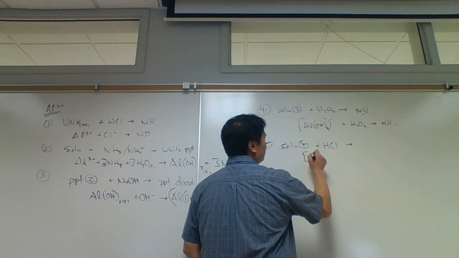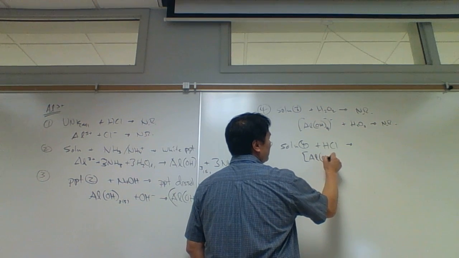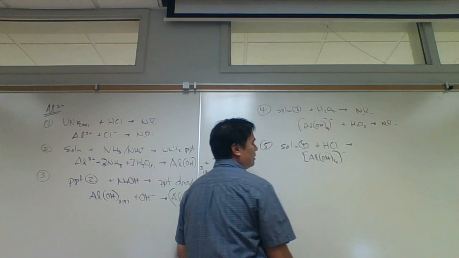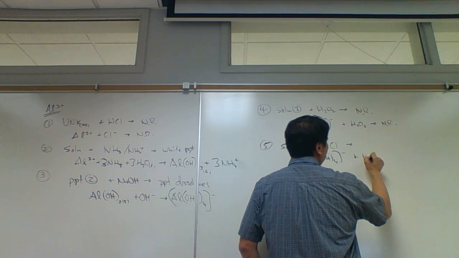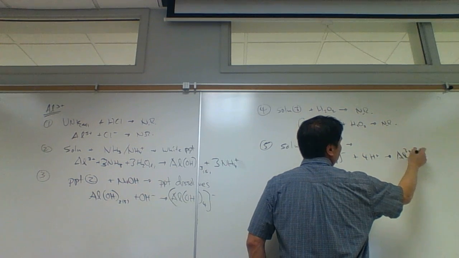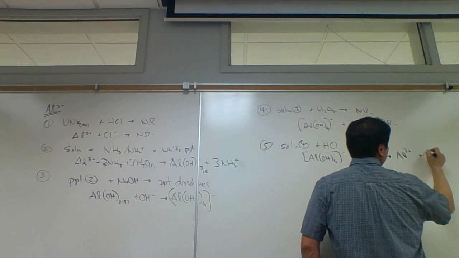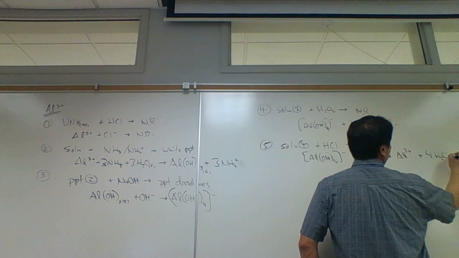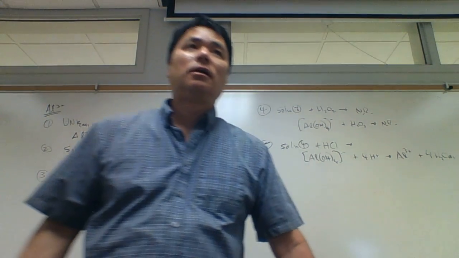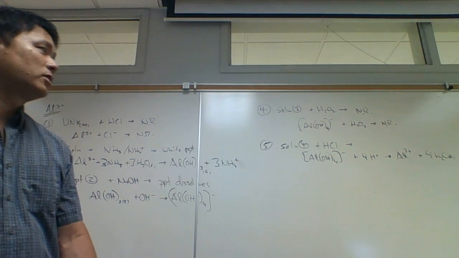No, but what the hydrochloric acid is going to do is react with all the hydroxide ligands here. So we'll have 4 H plus, and then we'll be left with the aqua complex of aluminum, just Al3 plus 4 water. The acid can actually attack the hydroxyl ligand and convert the hydroxide into water.